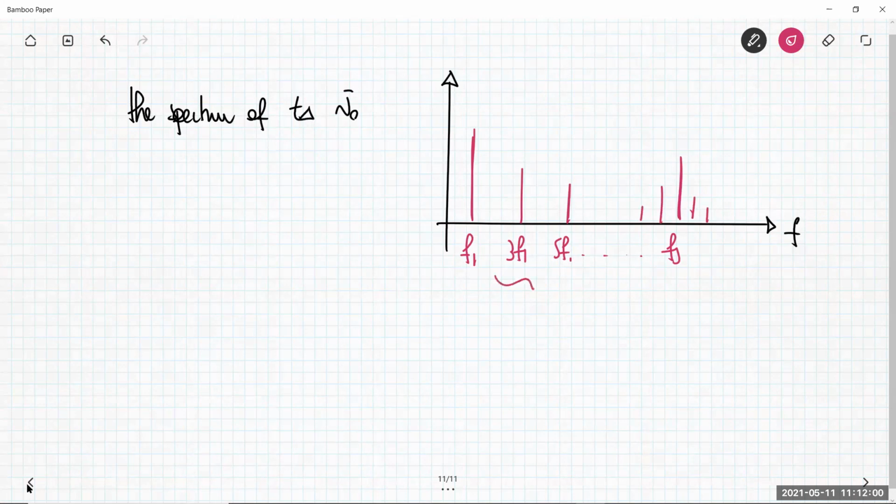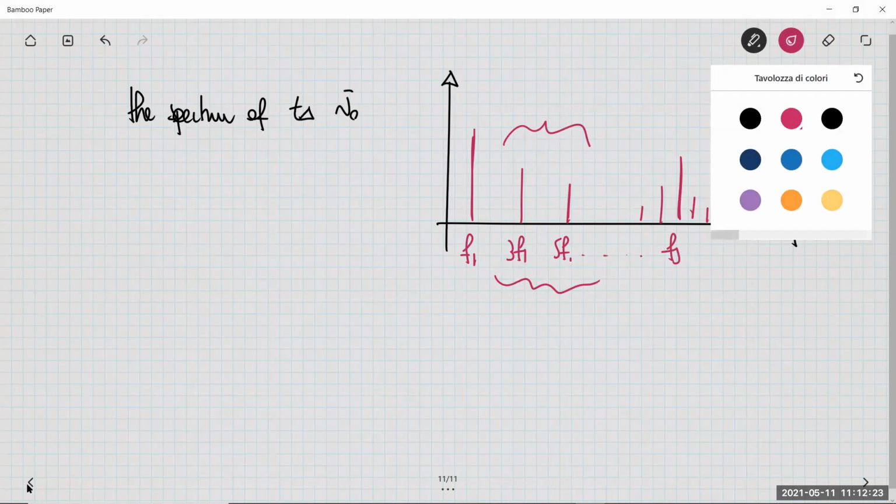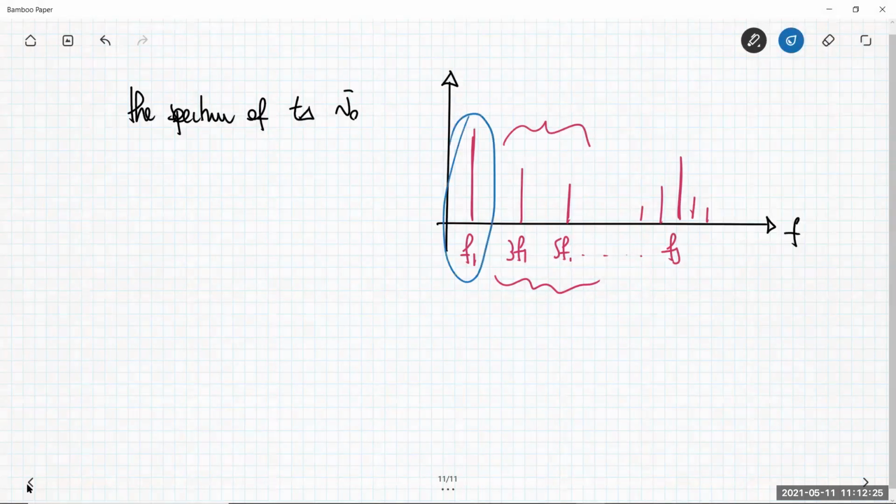So the presence of these other harmonics, that you don't have in the ideal situation with T delta equal to 0, has an impact on the filtering effect at the output of my inverter, the demodulation effect that you need in order to get at the output just F1 and not all the high order harmonics.